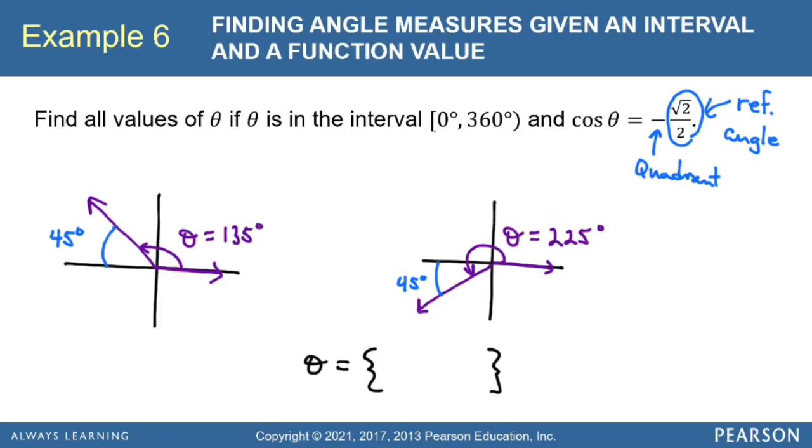So all we have to do is type one angle, and then a comma, and then the other angle. And the good news is that you can type the answers in either order and it's considered correct. So when you're listing the members of a set, like you are here with these braces, then the members of the set can be in any order, and that's always true in MyLab.